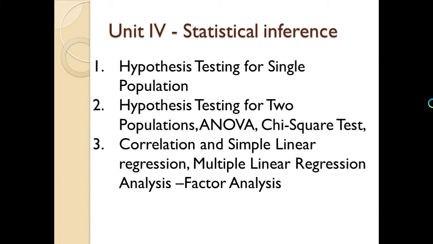The third topic is correlation and simple linear regression, multiple linear regression analysis, and of course the last one is called factor analysis. These are the topics in store for us.